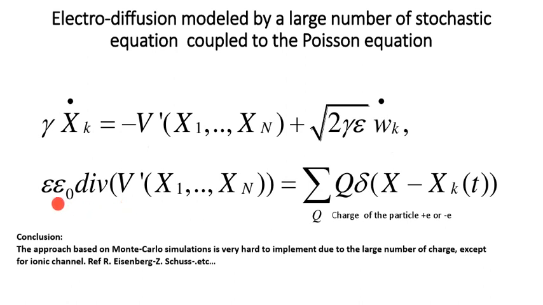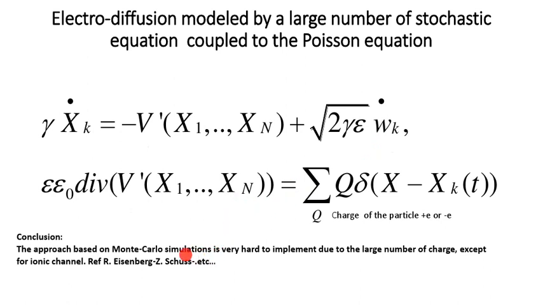Epsilon 0 is the permittivity, and epsilon is the permittivity when we're in water. Epsilon 0 times the divergence of this equals the charge at the location of each ion. This leads to a very complicated system where we need to solve an ensemble of stochastic equations and at the same time this partial differential equation.